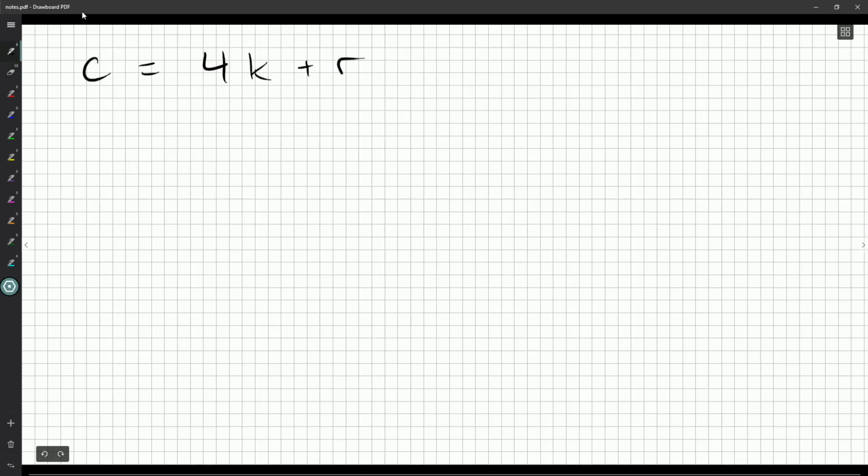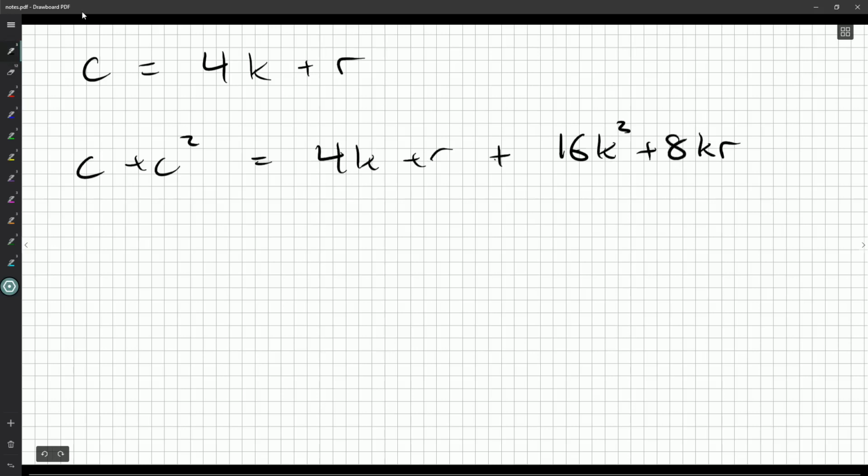What if c is 4k plus r? c plus c squared would be 4k plus r plus 16k squared plus 8kr plus r squared.